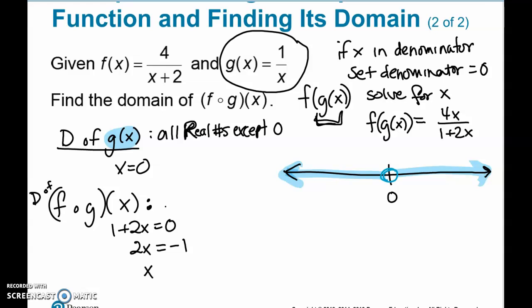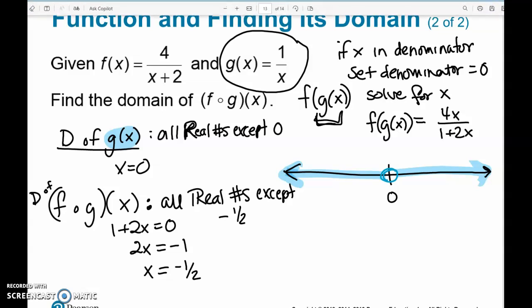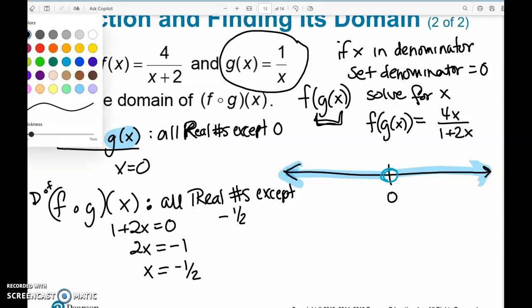And then I'm going to divide both sides by 2 to get x by itself. So I get -1/2. So the domain of this would be all real numbers except -1/2. So I'm going to draw that now on the number line. And so let's do that one.